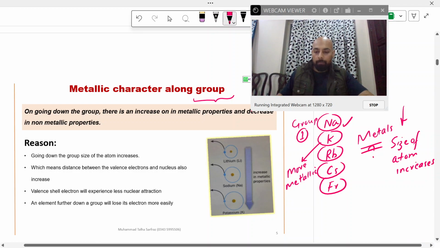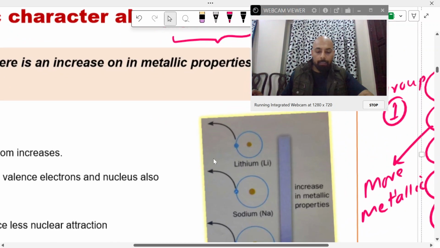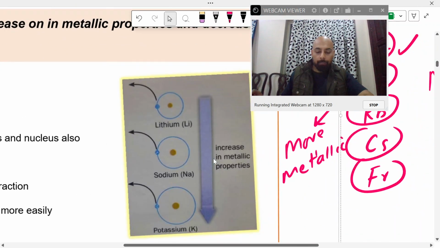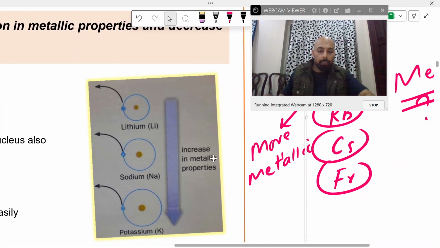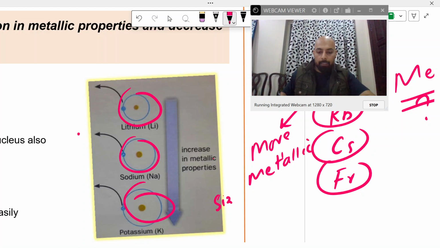From top to bottom, the size of the atom increases. For example, if you look at this diagram, lithium is a smaller metal, then we have sodium, and then we have potassium. So the size of the atom is increasing.